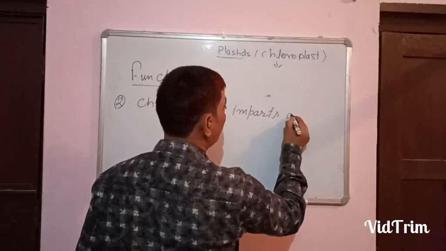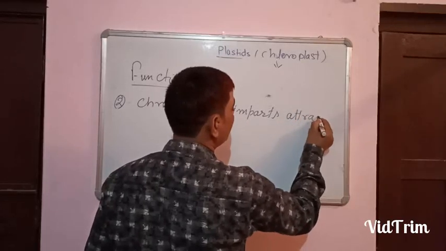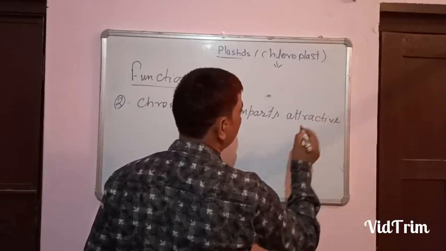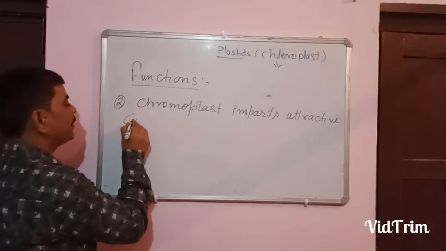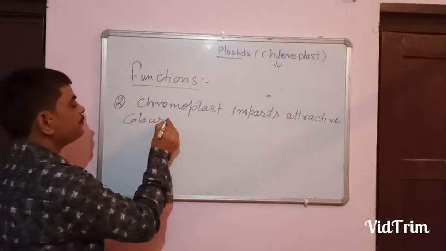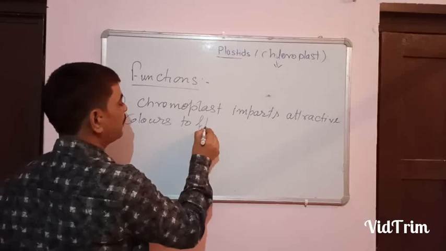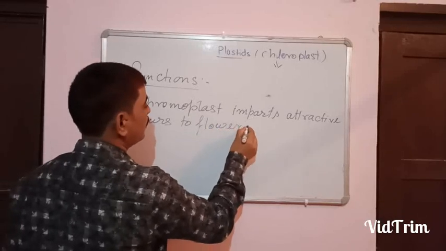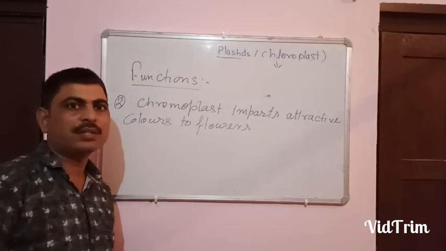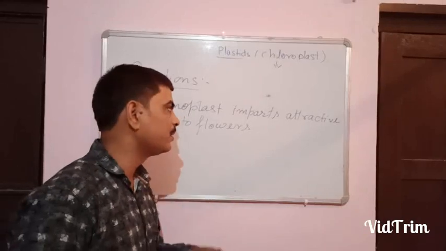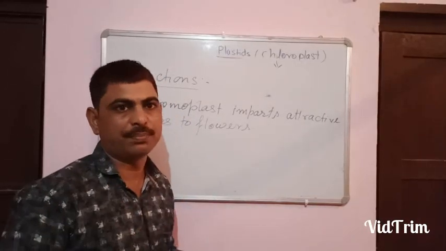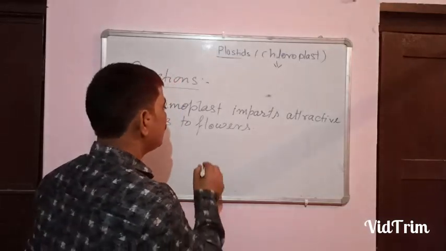Which type of color? Attractive color. You know the most attractive part of the plant is the flower.